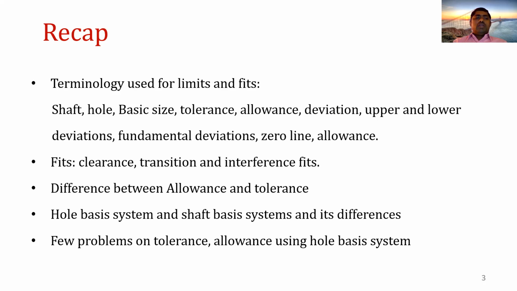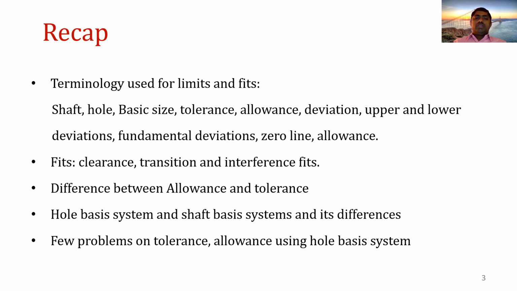Upper deviation is the difference between the maximum limit of size and its corresponding basic size. Similarly, lower deviation is the difference between the minimum limit of size and its corresponding basic size.